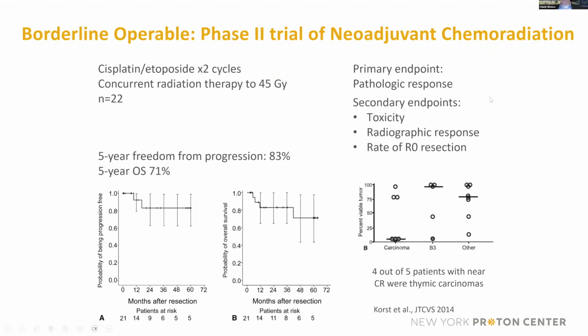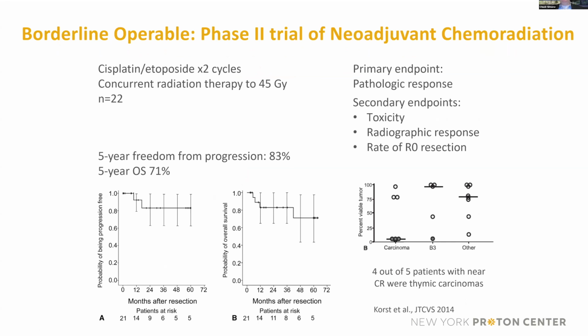Now, what about patients that are borderline operable with thymoma? We really don't have a lot of data for using radiation in the neoadjuvant setting. The standard of care really is giving systemic therapy prior to surgery and then reassessing for surgery. If the patient's resectable, resect, and then consider and likely give adjuvant radiation, otherwise give definitive radiation.